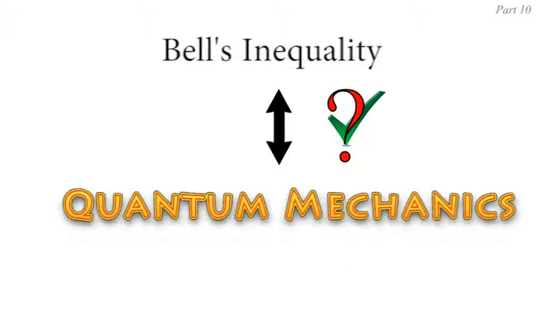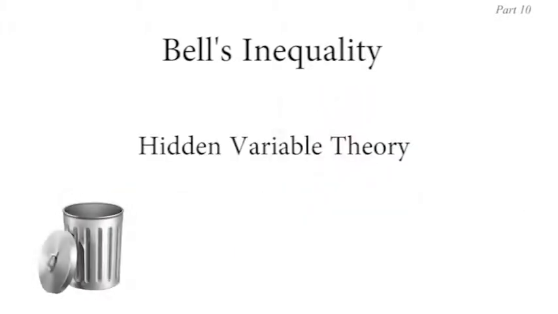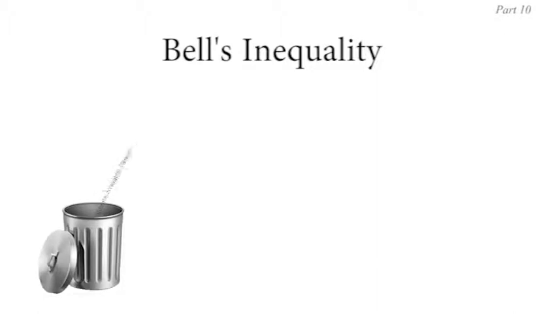The hidden variable theory in that case could be said to be a possible explanation of reality. If, on the other hand, Bell's inequality is not consistent with quantum mechanics, and experiment goes along with quantum mechanics as far as Bell's inequality is concerned, then the hidden variable theory would have to be discarded.